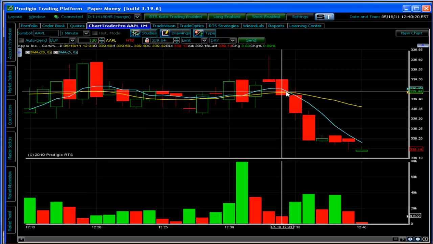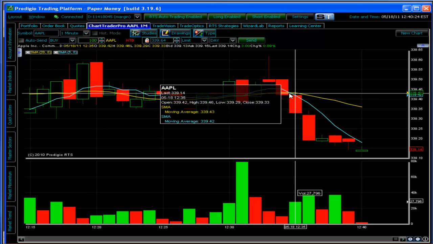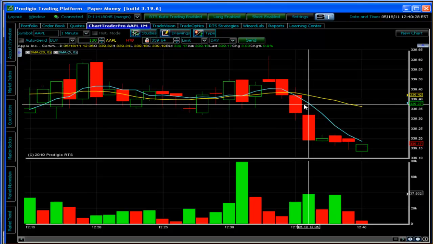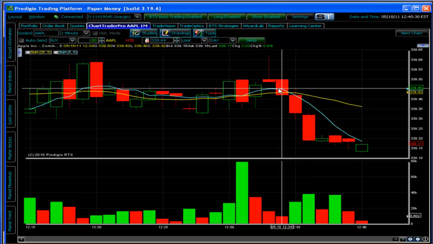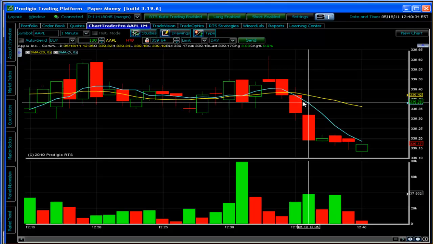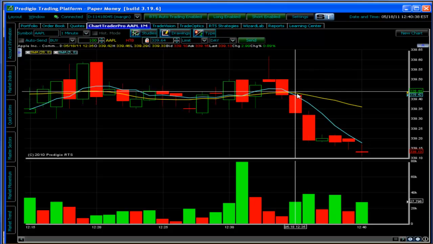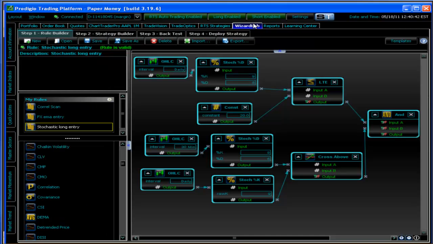Here's an example where I've got two moving averages crossing. When this event happens, you can capture that using Wizard Lab, using the cross above, cross below, or the cross operators. Cross below is used, for example, if you want this cyan line to cross below the yellow. Cross above can be used if you want the yellow to cross above the cyan, and cross will fire if either of them happen.